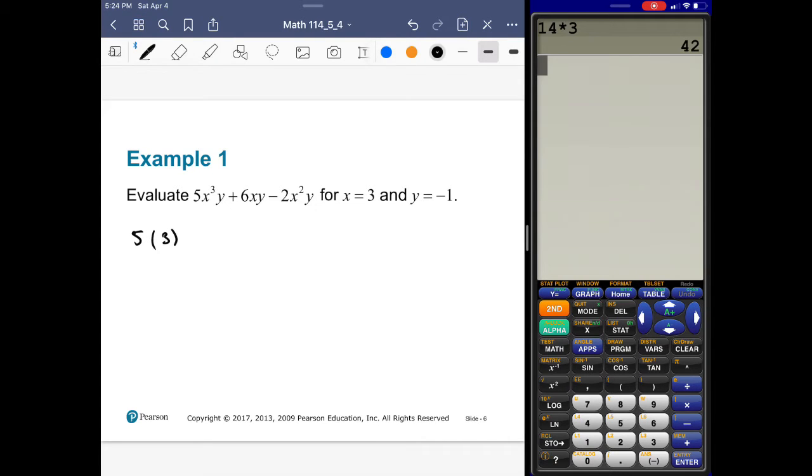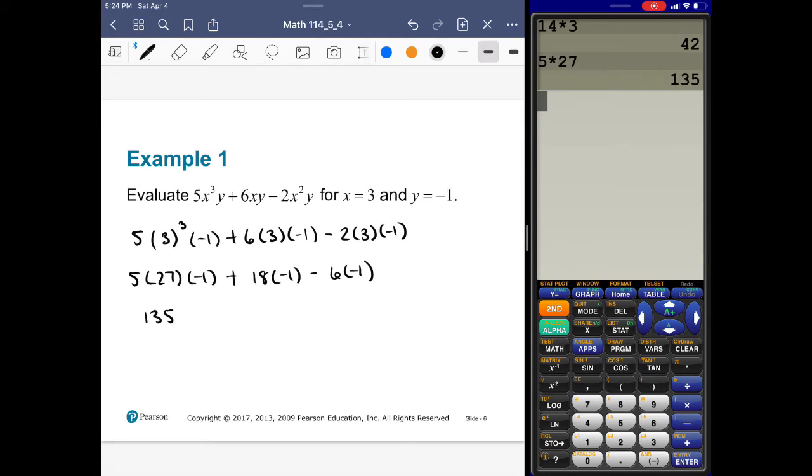But we know that 3 is equal to x, so 3 cubed times -1 plus 6 times 3 times -1 minus 2 times 3 times -1. So this becomes 5 times 27 times -1 plus 18 times -1 minus 6 times -1.